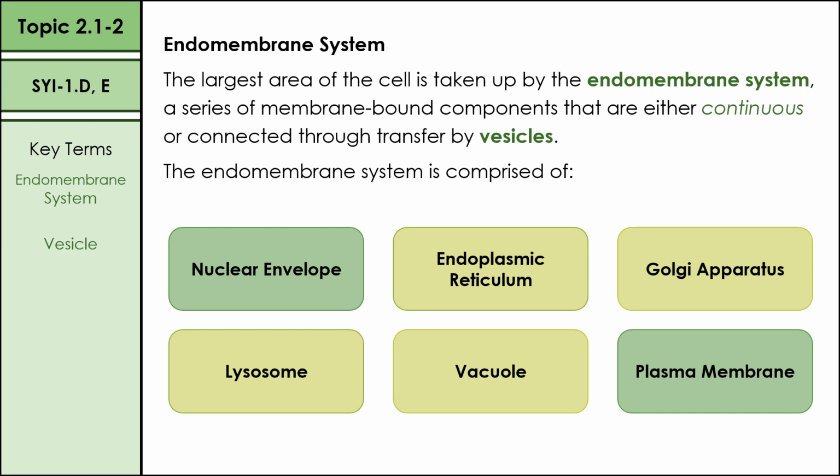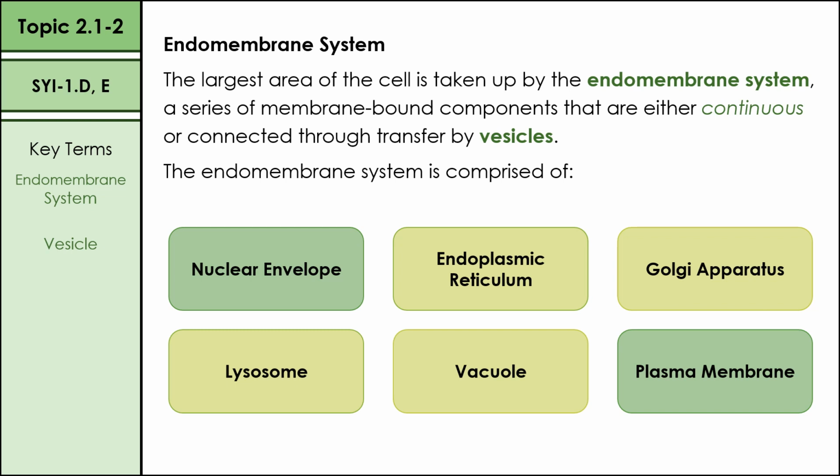The next major topic that we're going to talk about in terms of our organelles are the components of our endomembrane system. So endo meaning within. So it's our membrane system that's within our cell. And these are a series of membrane-bound compartments that are either continuous, which means that we are connected to each other, or we kind of get one product from one to another through transfer vesicles.